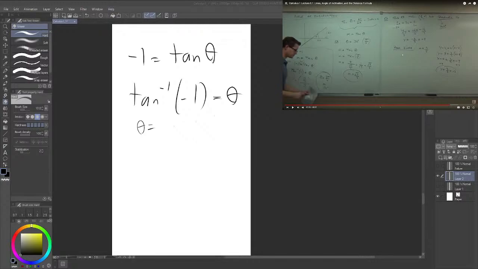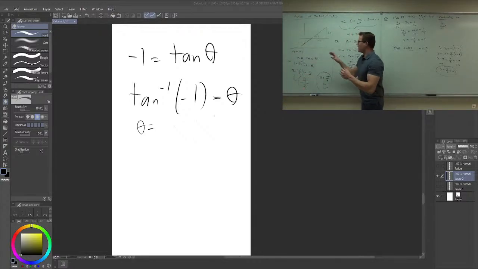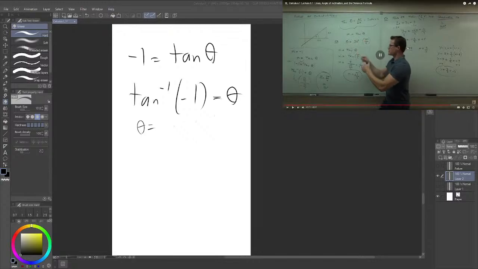It could be either one. It could be negative 45 degrees or it could be 135 degrees. Either one, because like you said, it's the same slope. So either way we look at this, we can find slopes from angles.